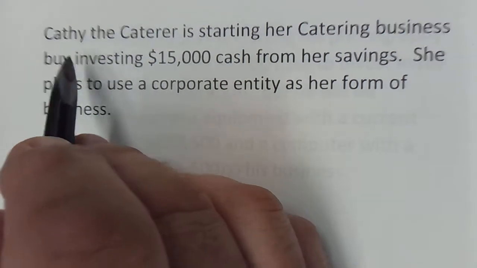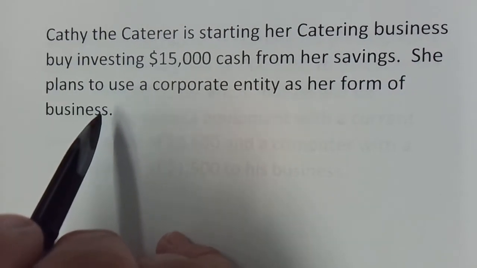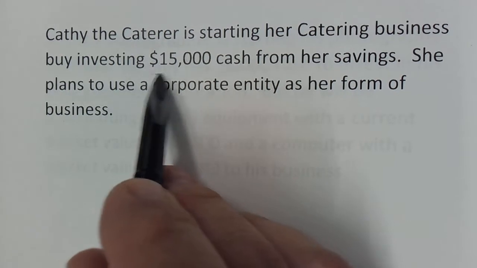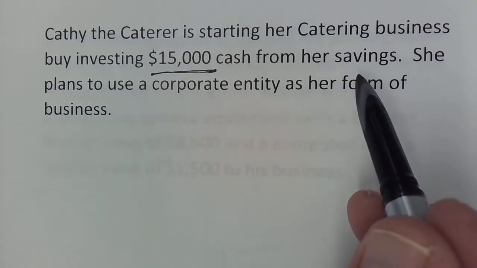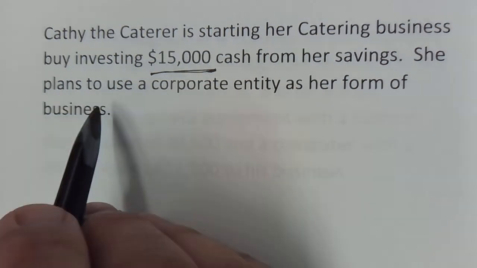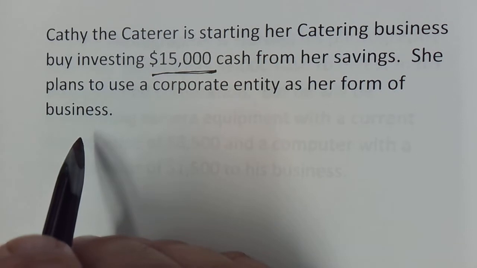In this case, we have Kathy Caterer starting her catering business by investing $15,000 cash from her savings. And we also want to know that she plans to use a corporate entity as her form of business. So she's going to form a corporation.